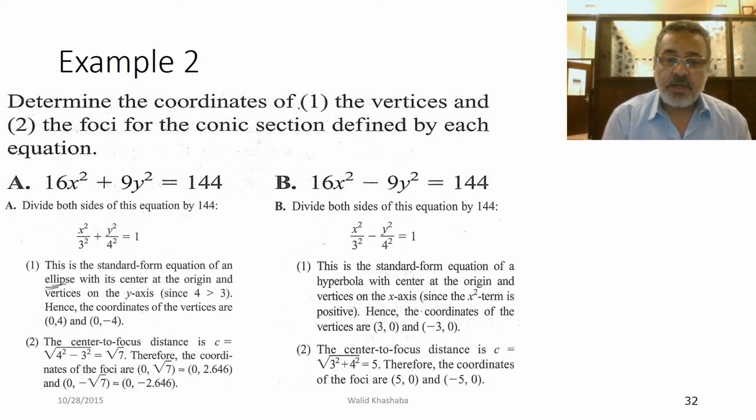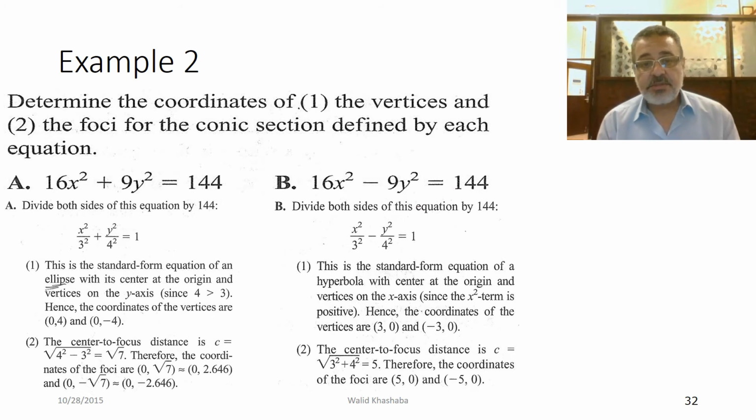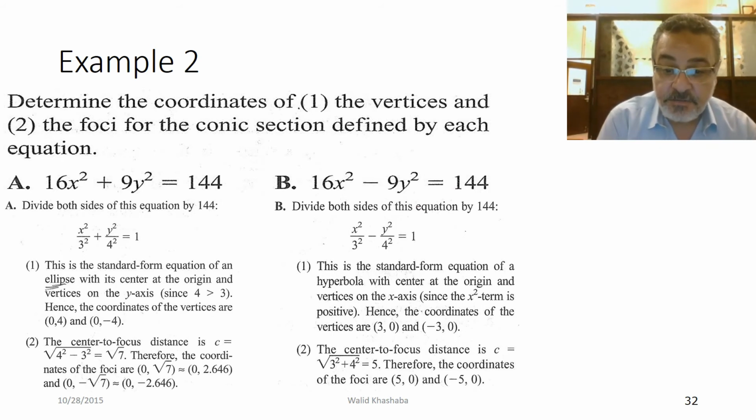The distance between the center of this hyperbola and the focus of the hyperbola is c, again, which is the square root of 3 squared minus negative 4 squared. It will be positive 4 squared, then it's going to be 5.